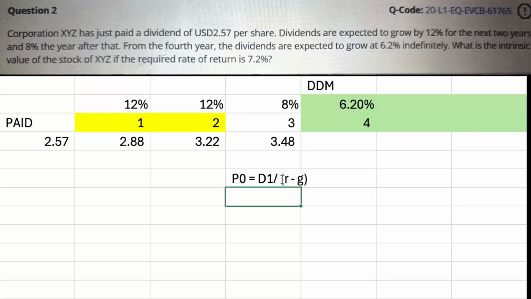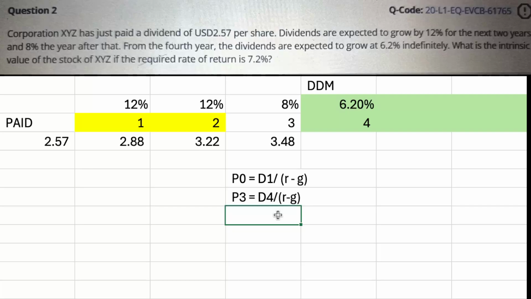If you use this formula here, it's not D1 anymore, now it's D4. So if it's D4, the price will be at year 3. So D4 divided by the required rate of return minus the growth, and the growth is the one that goes on indefinitely, which is 6.2%.